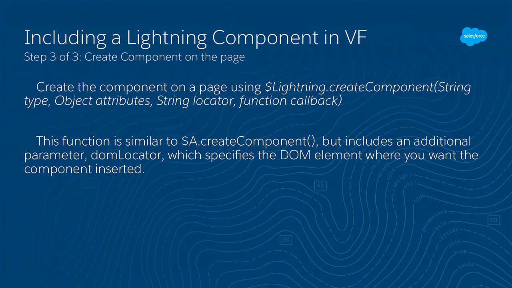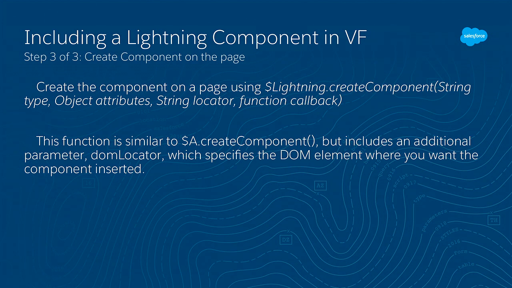It takes the type, the attributes of the component as an object, where it should appear on the Visualforce page, and a callback function: once the Lightning component is created, what should happen? If you're familiar with Lightning components, this is similar to the $A.createComponent function. The only difference is you have to mention where it should appear on the Visualforce page, which particular location. That can be done through a DOM locator.